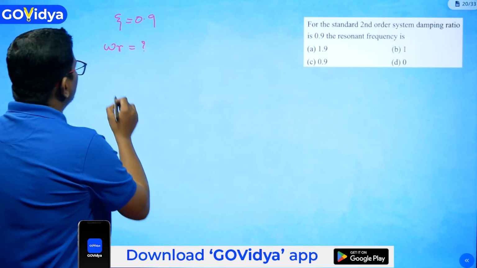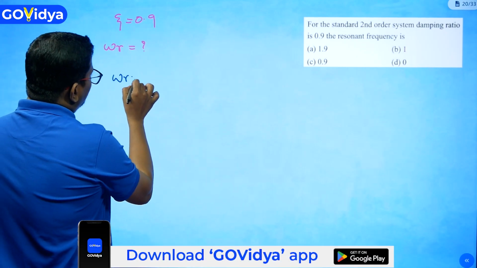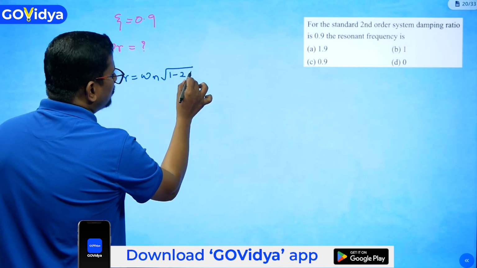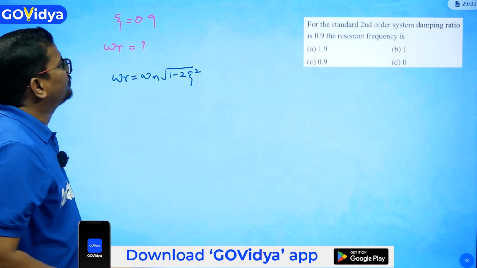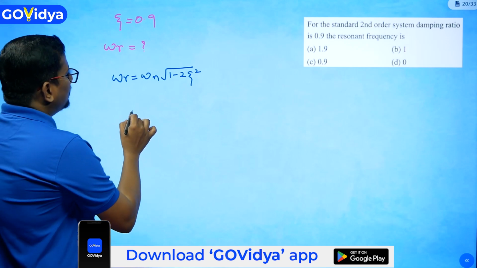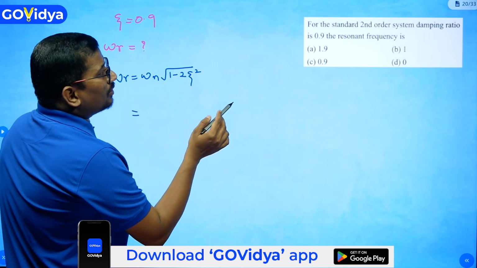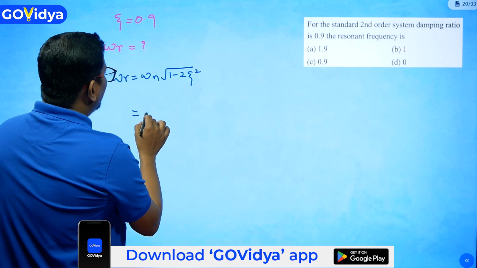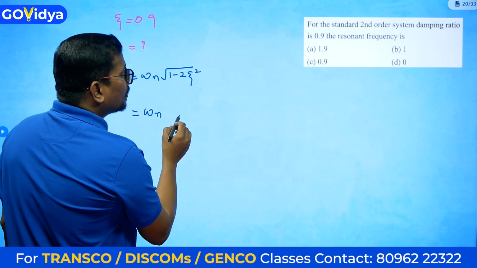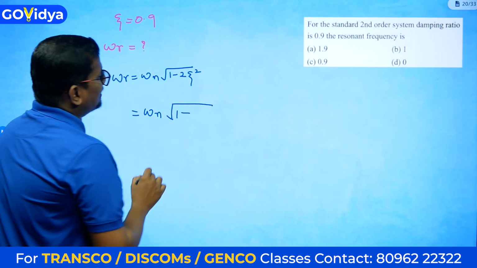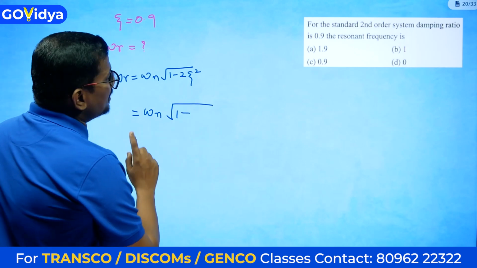We know that omega r is equal to omega n into root over 1 minus 2 zeta square. Okay, so omega r is equal to omega n into root of 1 minus 2 zeta square.